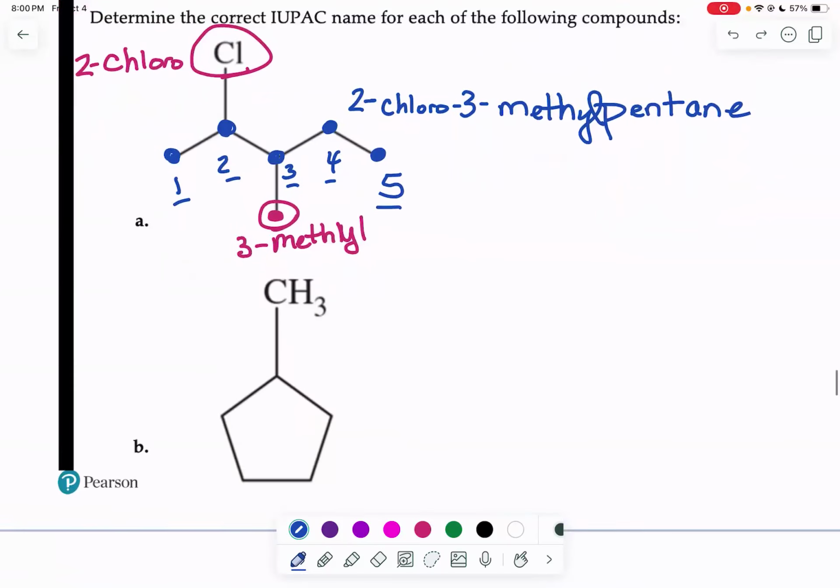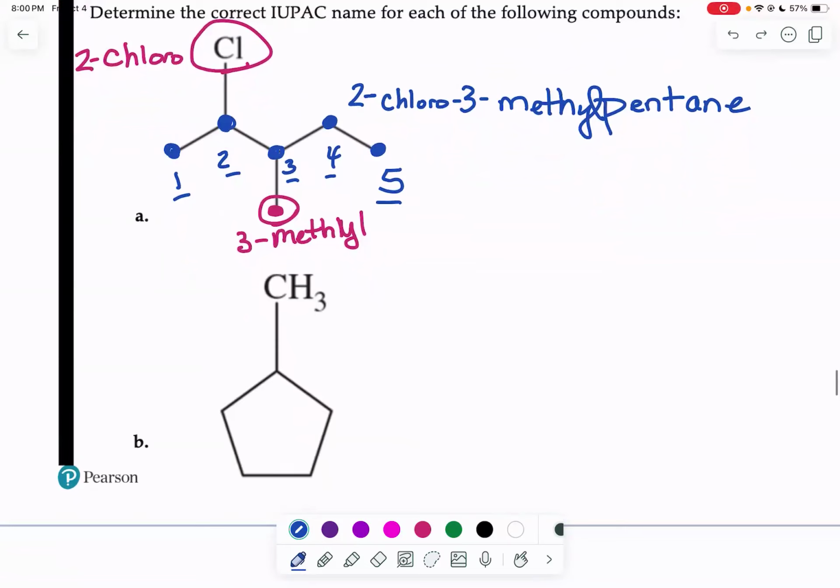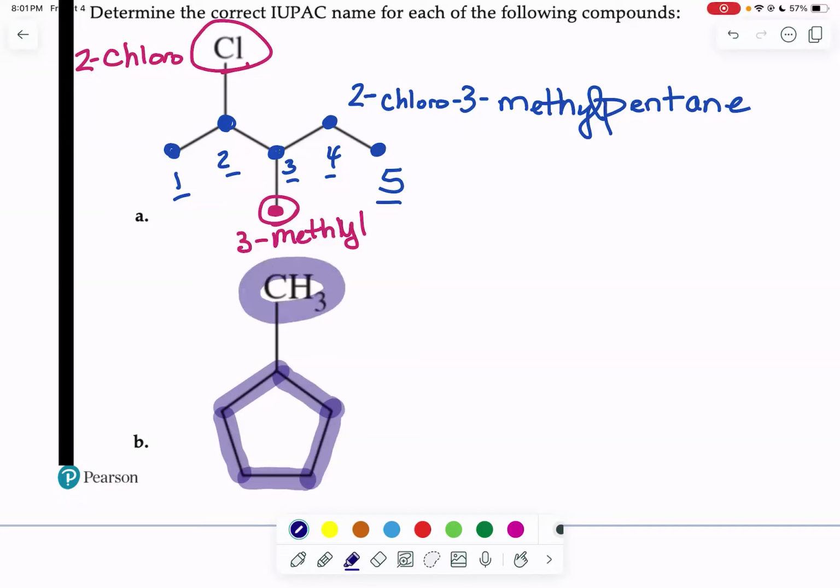On the next one, I see that I have a ring. So I have to determine: is the parent the ring, or is the parent coming off of the ring? If I look at the ring, I count my carbons: 1, 2, 3, 4, 5 carbons. But there's only one carbon coming off of the ring.